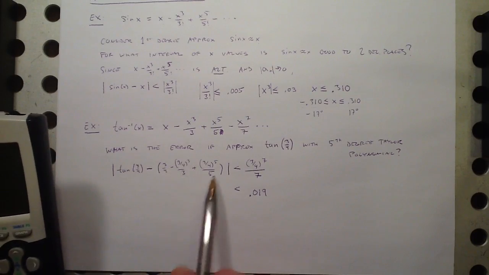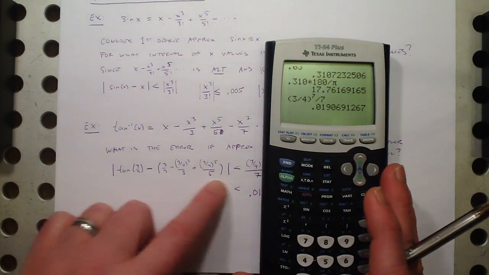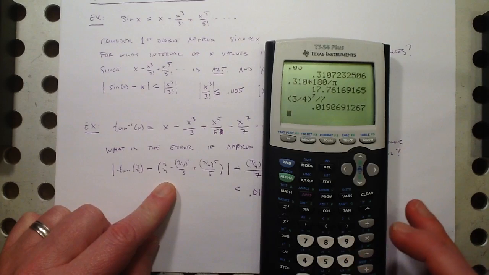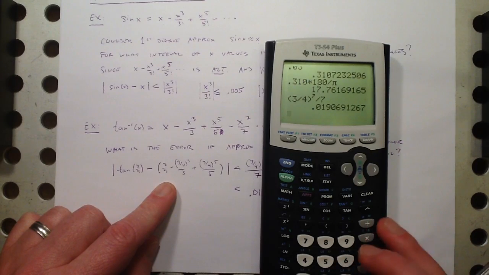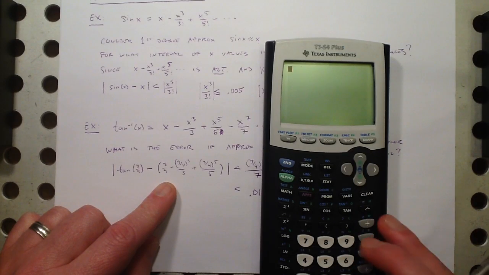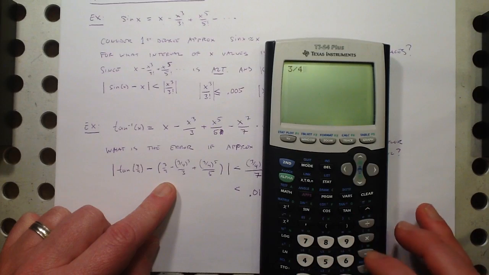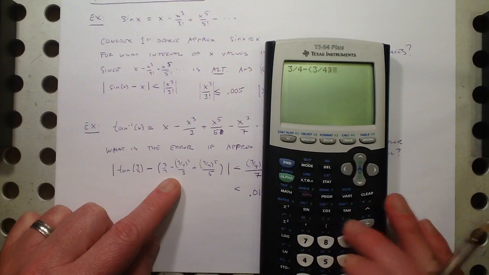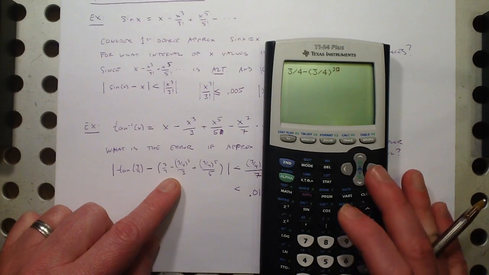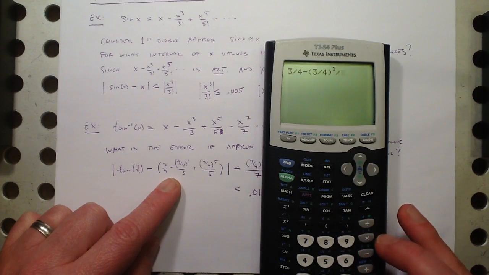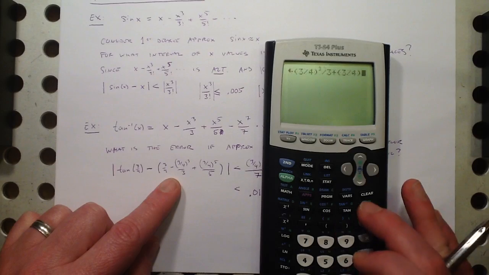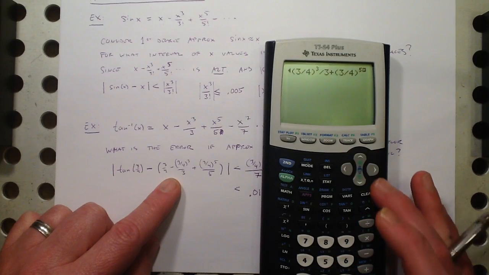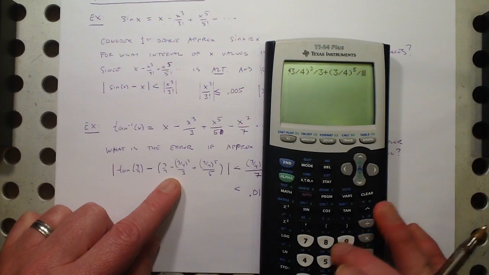I'm also going to run the approximation through the calculator: 3/4 minus 3/4 cubed over 3 plus 3/4 to the 5th over 5.